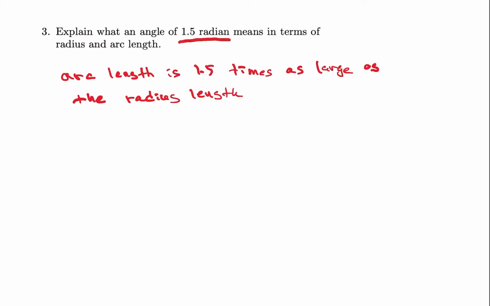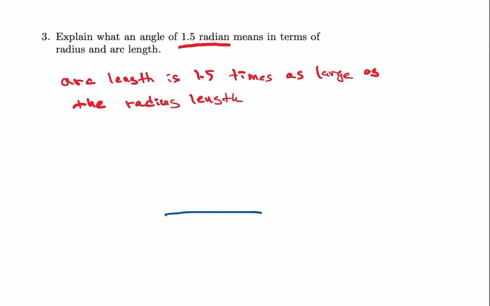So again, we're using the length of radius to measure the arc length. So if I have a radius length of, let's say, 10 centimeters, 1.5 radians means that if I measure this arc length, this will be 15 centimeters.